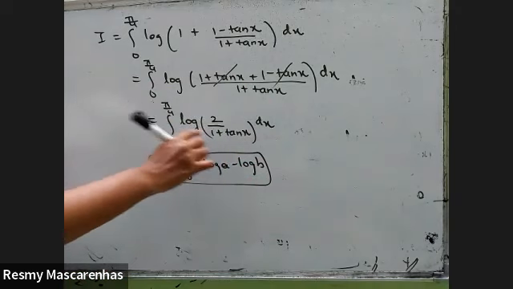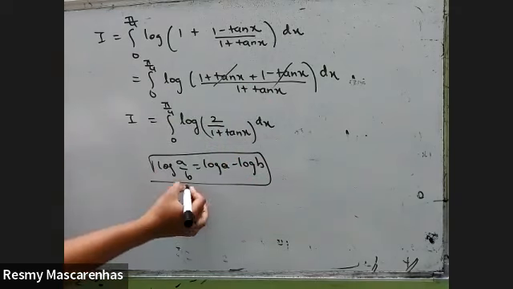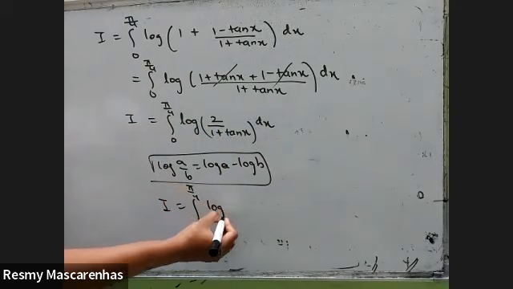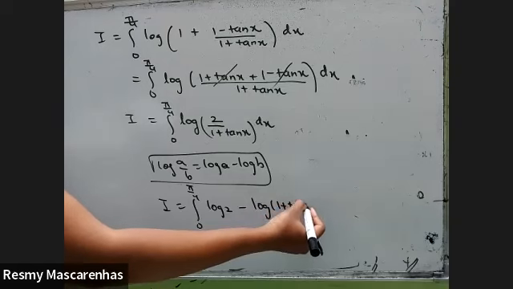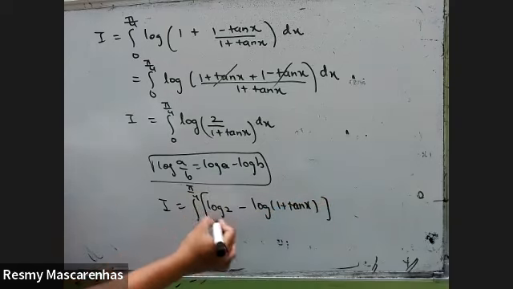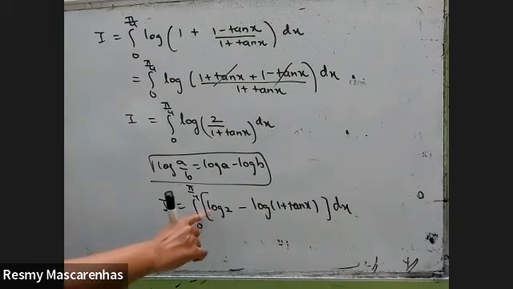This is log of a upon b form. I'll write it as log a minus log b. Just separate out this integral sign to both the terms.